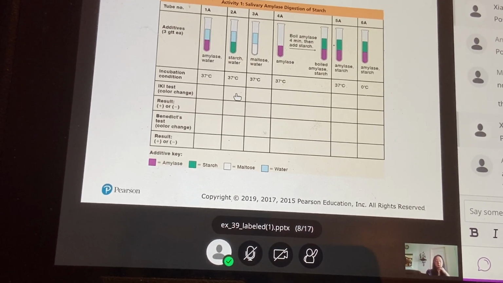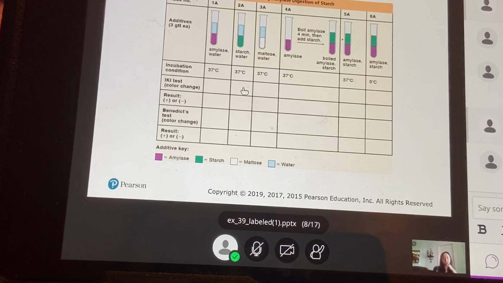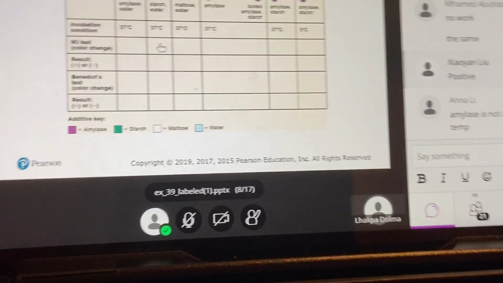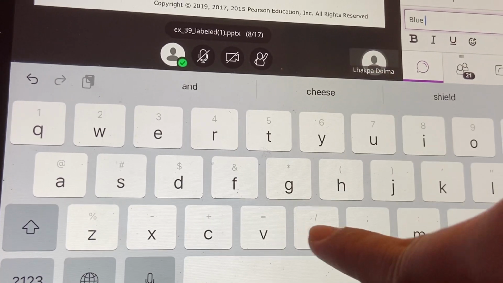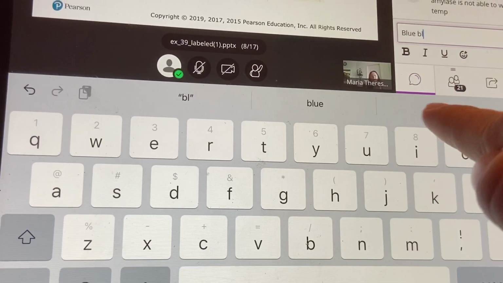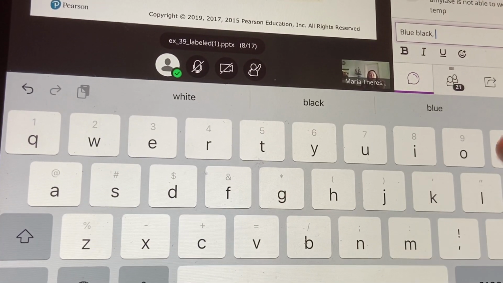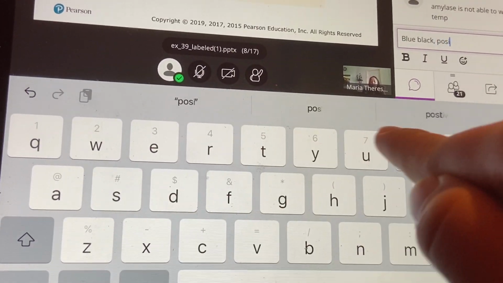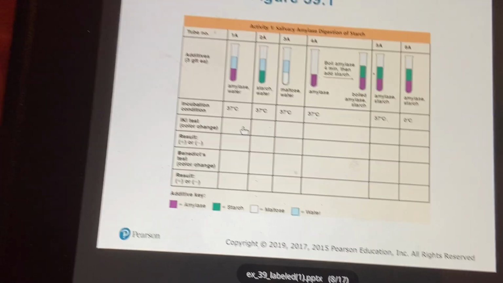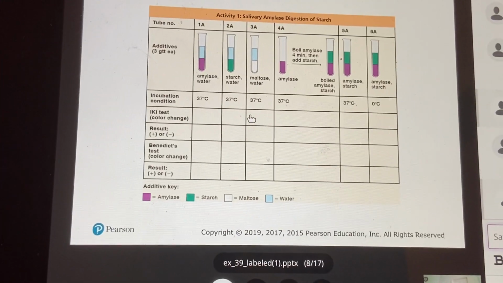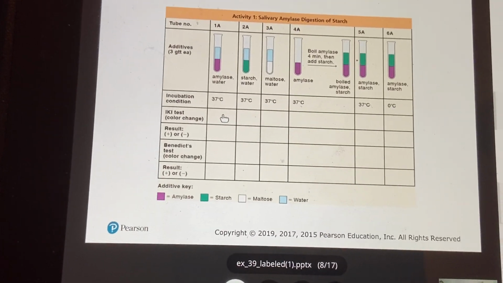What about here? Starch and water. Professor, do we just write no on that column? That's what I was saying. You put positive or negative. Of course, when you say positive, it should be blue-black. You put blue-black, positive.